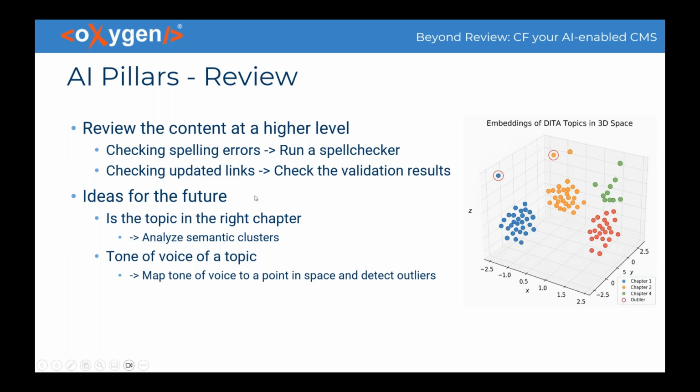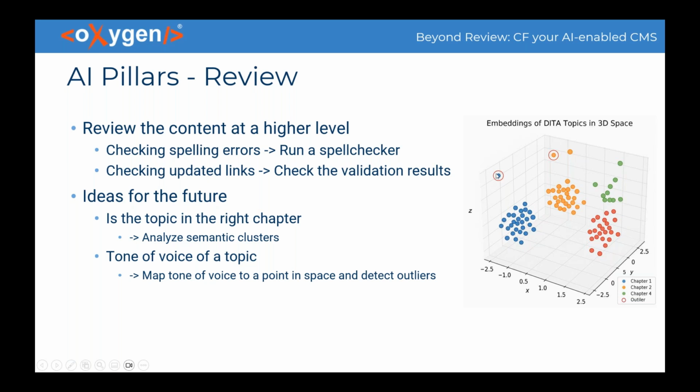Also, we have some ideas for the future. For example, instead of asking whether some topic is in the right chapter, maybe you can create a visualization of the semantic clusters in your content, like we presented here on the right.